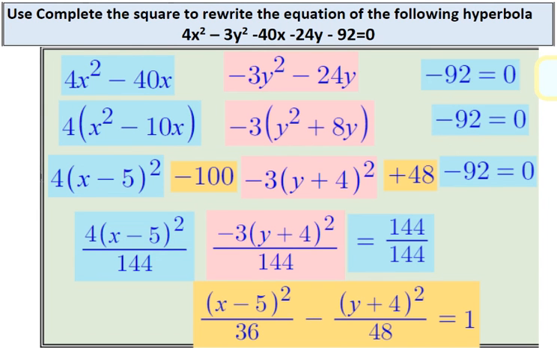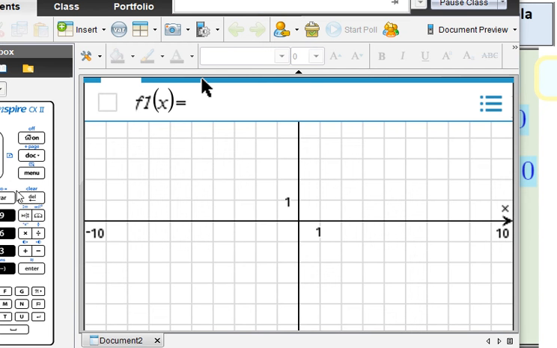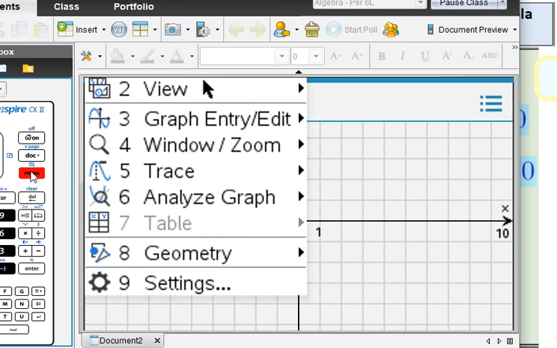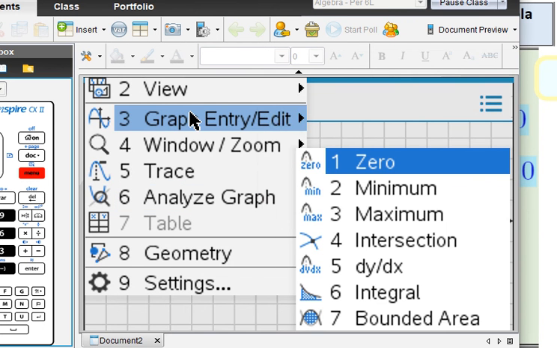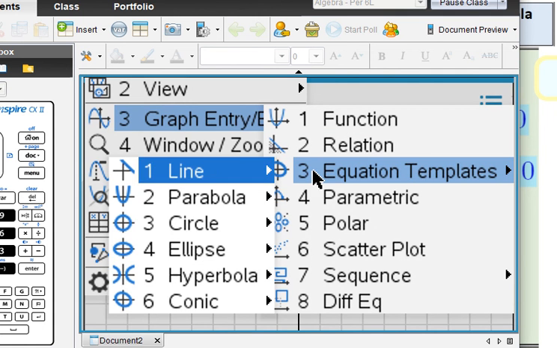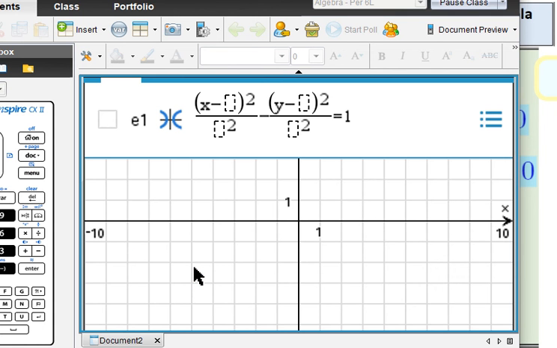And the key is, now that I've solved this, I can go straight to my graphing calculator and actually graph it. To pull up our template, we do Menu, Graph Entry Edit, Equation Templates. We know it's a hyperbola. Since the x comes first, the x is in the first fraction, the negative is over here with the y, we know it looks like this.